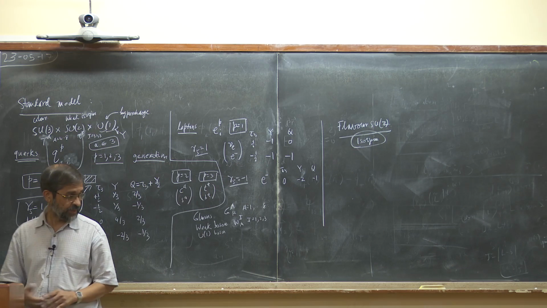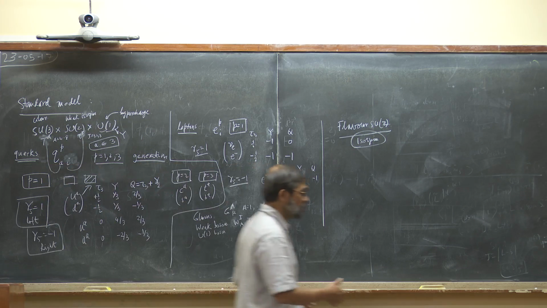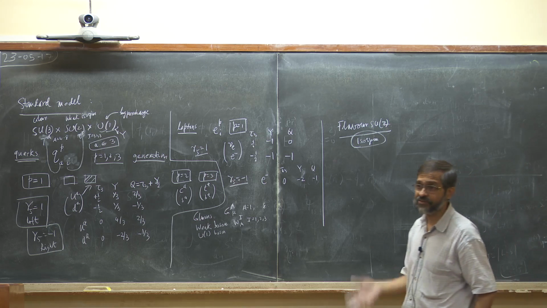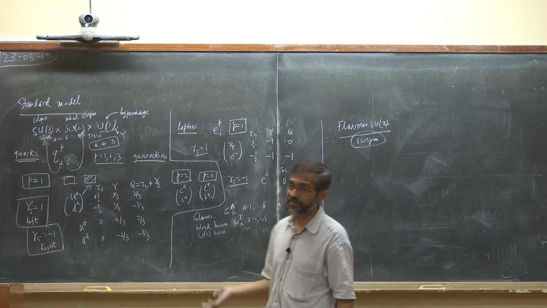They don't have to be at the same temperature, but in fact there are indications in the string inspired models that the deconfinement transition happens first, and then the chiral symmetry breaking transition.